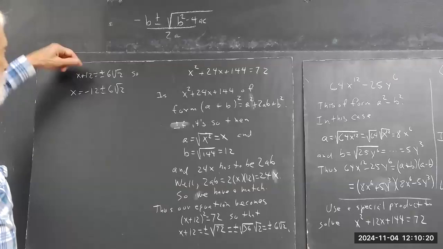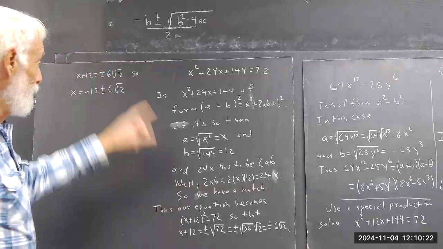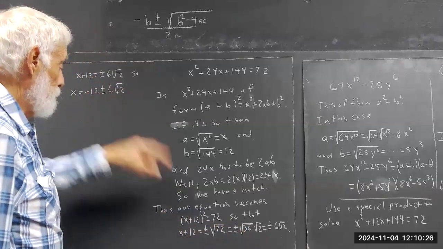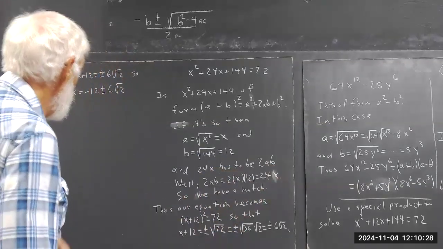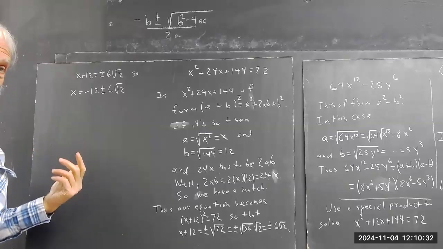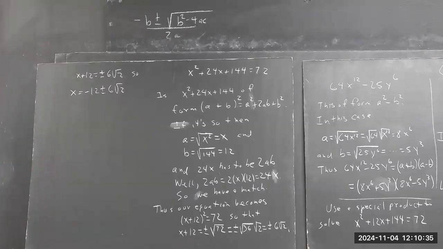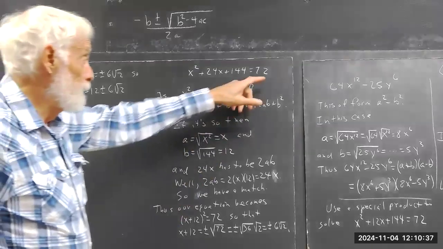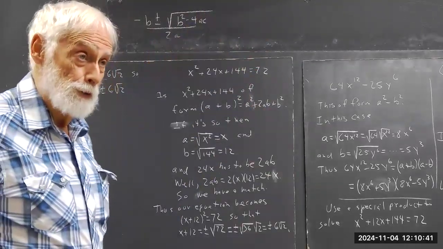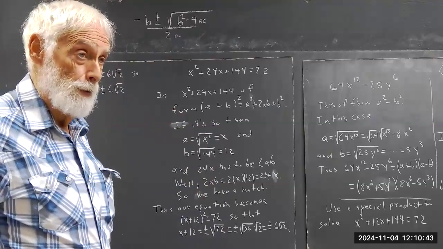Okay. Anyhow, this equals this, right? I've just repeated this without all the intermediate steps. So we subtract 12 from both sides and we get this. And that's identical to what you would get if you used the quadratic formula. You could subtract 72 from both sides, and then plug your A, B, and C in, and you get exactly the same thing.